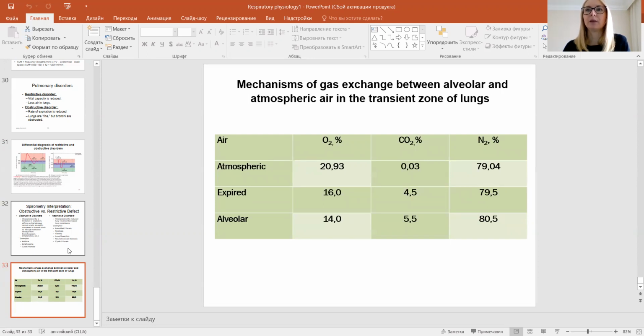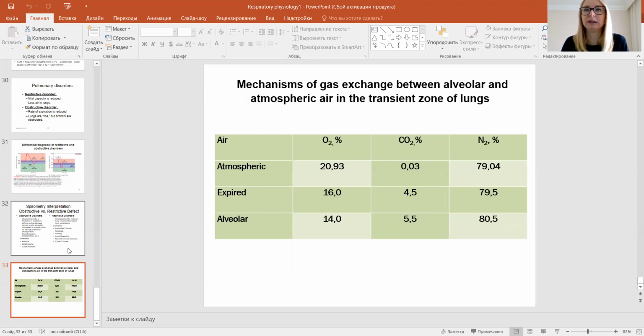Therefore, the transitory part of the bronchial tree, from the 17th to 19th generations, is a special buffer zone between atmospheric and alveolar air.